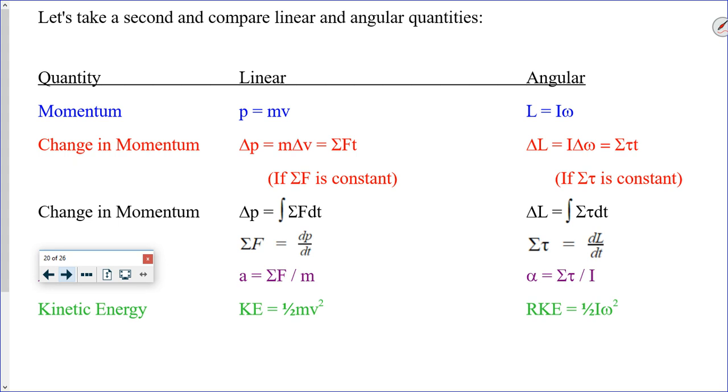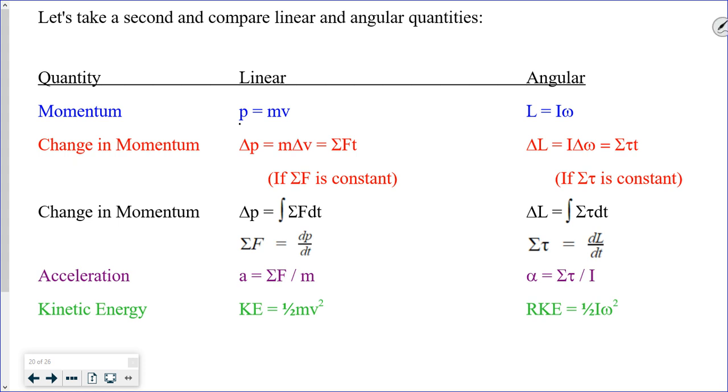This is probably a good time to take a moment and compare all of our linear and angular values, okay? So the big thing I want you to notice is, I don't really memorize the angular values. I memorize the linear values, and then anytime something angular comes up, I just think about what the linear counterpart would be, and then translate it over, okay?